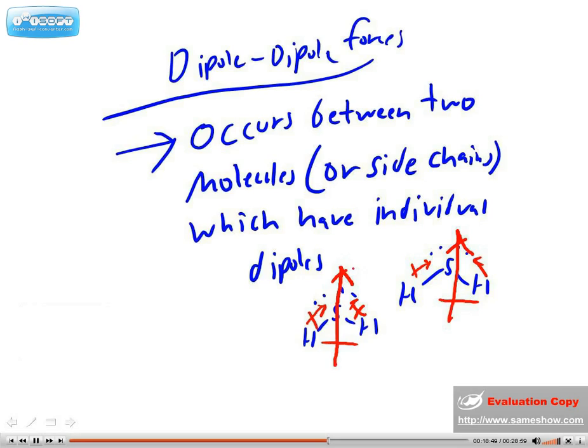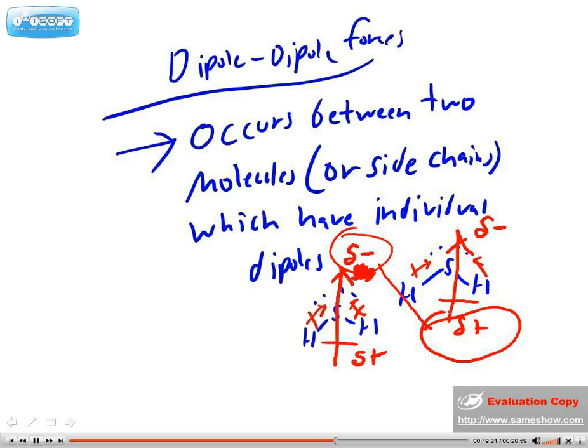With this overall dipole, on one side you have an overall partial positive, near the arrow it's an overall partial negative, and at the tail you have a partial positive. So basically you have opposite charge attraction between the overall dipole, partial positive, partial negative.